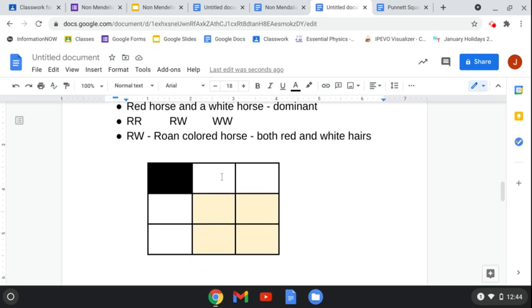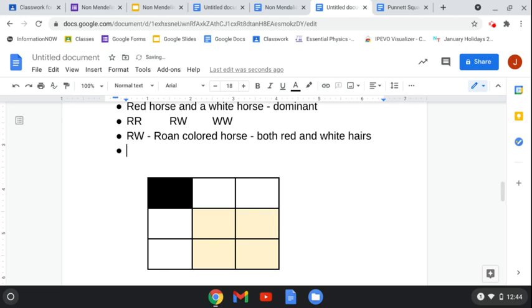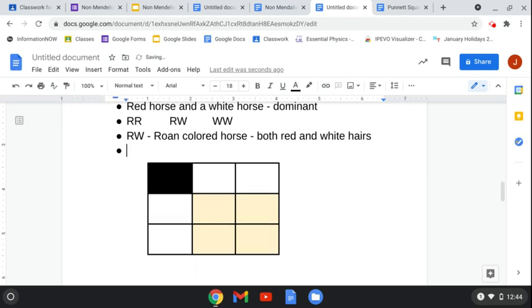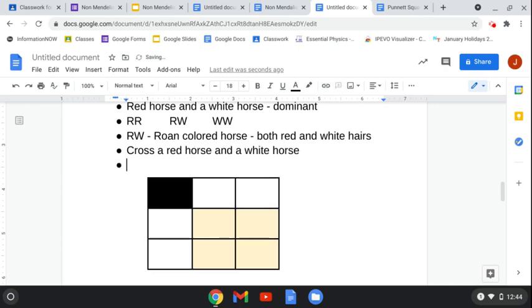So if I do an example like I did below, I'm going to cross a red horse and a white horse. Using my pattern, red would be two big R's and white would be two big W's. So if I put in my Punnett square here, we'll have W and W. All of these are going to be RW for each one.